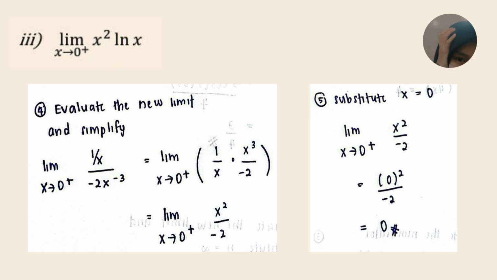So we simplify it to become the limit as x approaches 0 from the right side of 1 over x multiplied by x cubed over negative 2. The answer we get from that is the limit as x approaches 0 from the right side of x squared over negative 2. After that, we substitute x equals 0 into the new limit, and the final answer we get is 0.